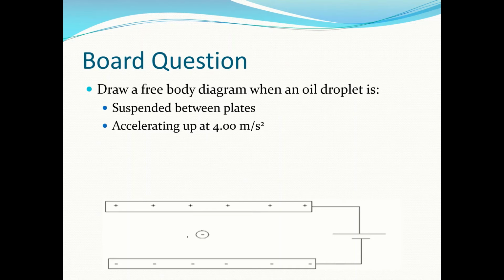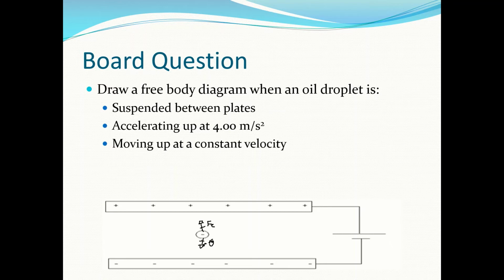So accelerating up at 4 meters per second squared, right? Our force of gravity is always down. And if we're accelerating up, then we need a net force up. So our electric force is up. Moving at a constant velocity. Same as the first one, right? Our force of gravity and our force electric are the same.